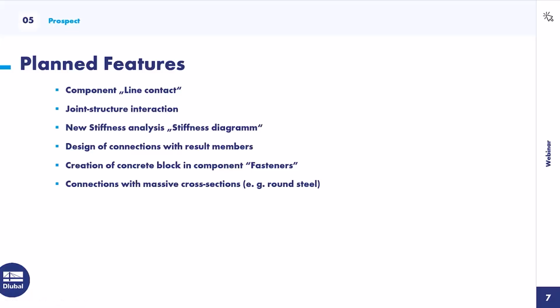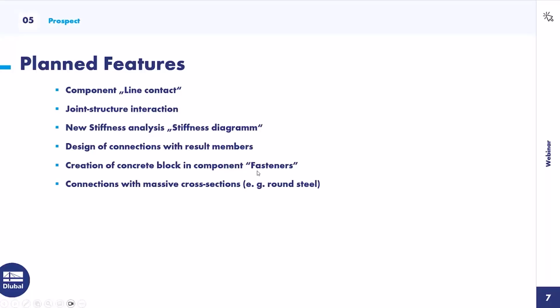I also already mentioned the new stiffness analysis stiffness diagram, which considers nonlinear stiffnesses under larger loads. Then design of connections with result members will be available. Then creation of concrete block in component fasteners.